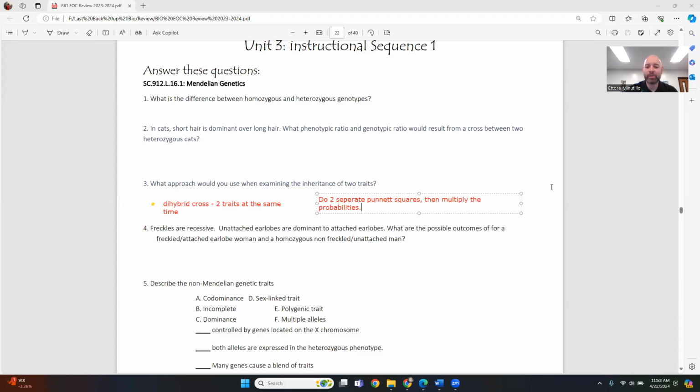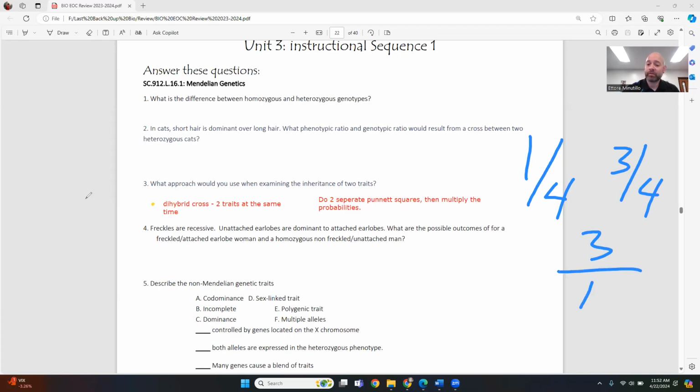So if I find out when I do my Punnett squares that one of them is a 1 out of 4 chance and one is a 3 out of 4 chance, I'm going to multiply these together. Multiply my top numbers for a 3, multiply my bottom numbers, 4 times 4 for a 16. I would have a 3 out of 16 chance of getting that specific combination if my two probabilities were these from my two separate Punnett squares.